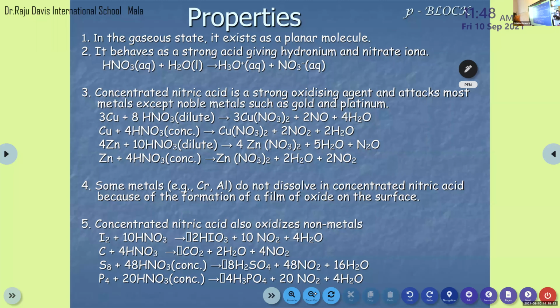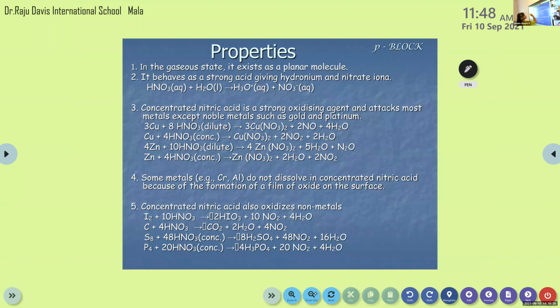So next we are moving to the properties. In the gaseous state, it exists as a planar molecule and it behaves as a strong acid giving hydronium and nitrate ions. Always the acids donate H plus ions, right? Here this nitric acid is an example of a strong acid. So it will give H plus ions.